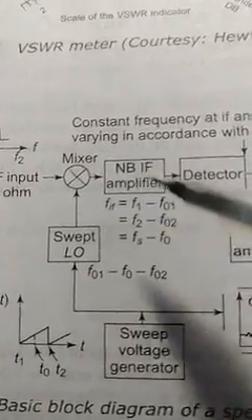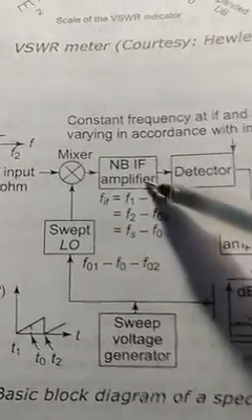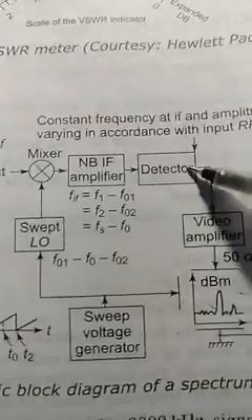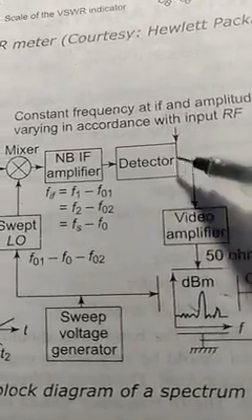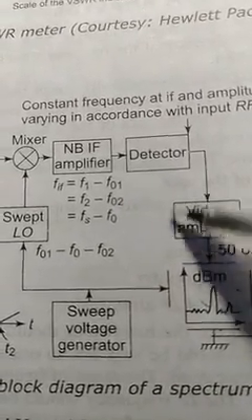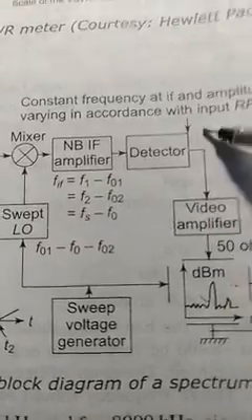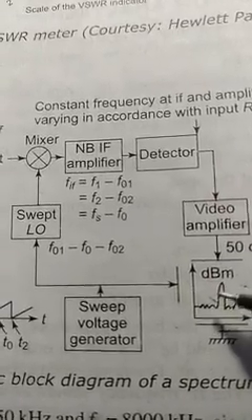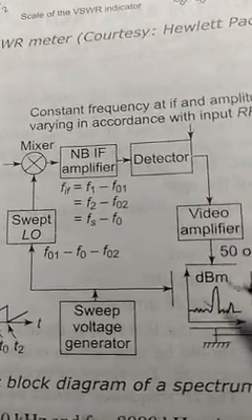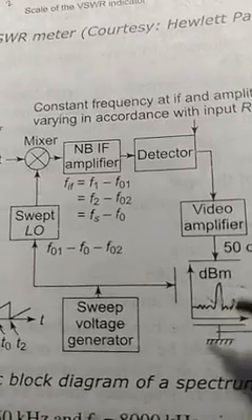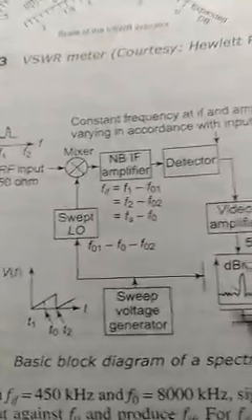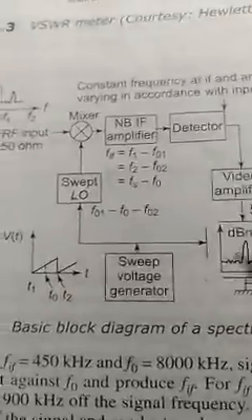That IF is amplified, and from there the signal is detected. That detected signal is provided to the video amplifier, which amplifies it and provides it to the plates for the vertical deflection to represent the amplitude.